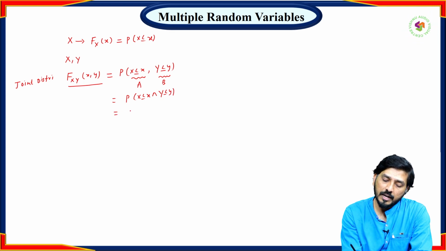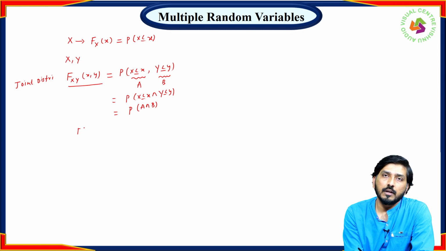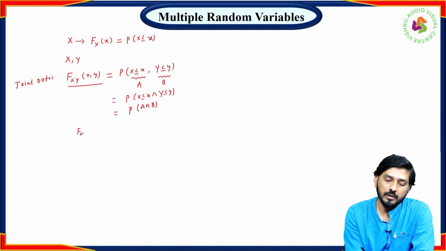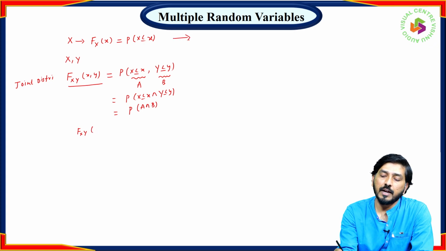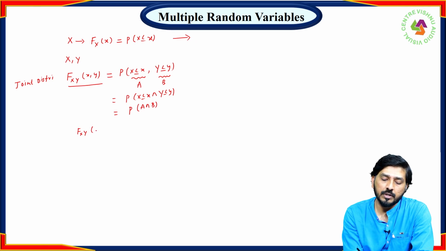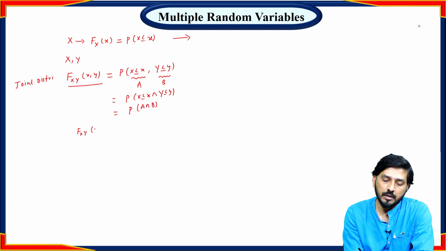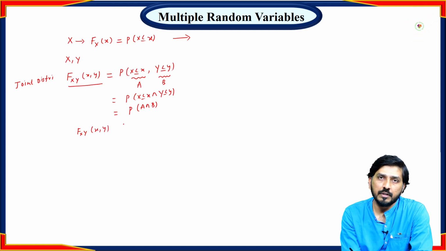Simply, you can write it as probability of A intersection B. If anybody asks for the distribution function in terms of a step function, as we have seen in the single random variable case, the behavior of the distribution for a random variable X is in the form of a staircase. Similarly, here also, in the joint distribution function, the behavior can be given in terms of a staircase.